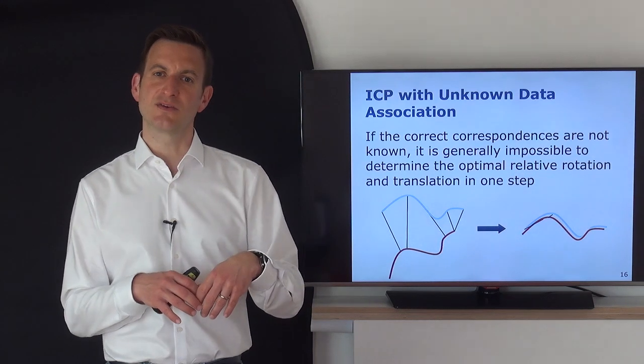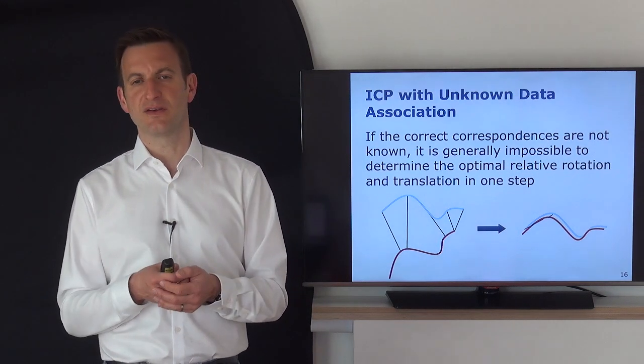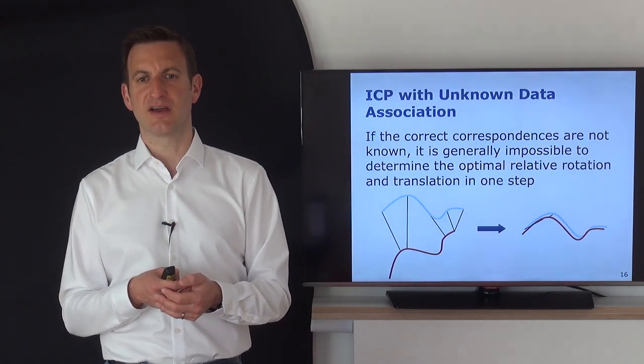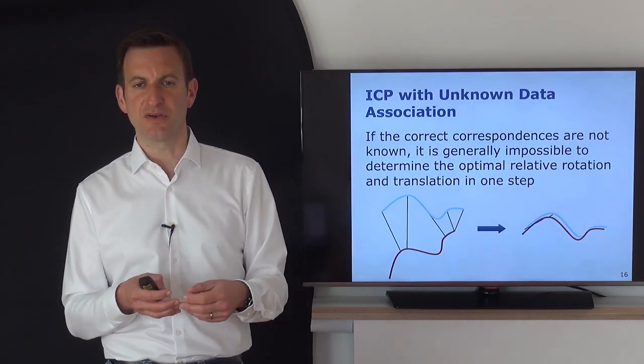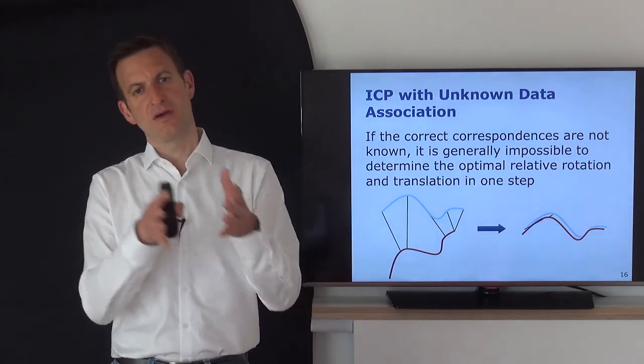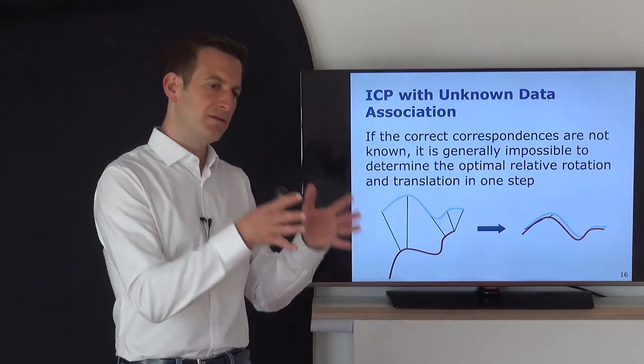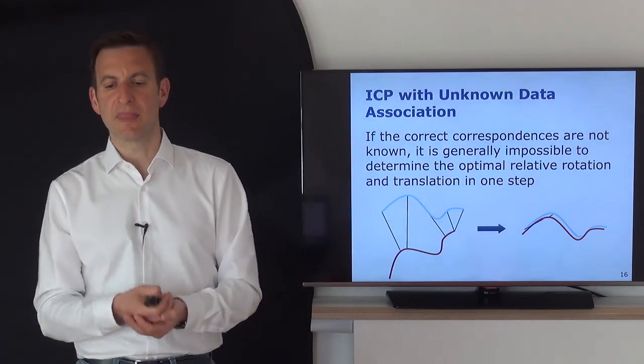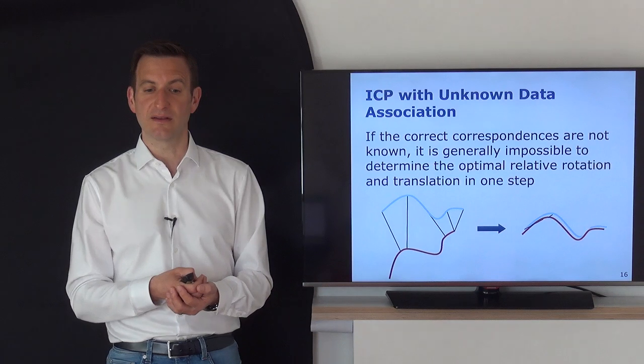And then I can search for new data associations, new correspondences, given this hopefully slightly better initial guess that I have. And I can basically repeat this process of finding data associations, performing the alignment, finding data associations, performing the alignment, forth and back, until I'm hopefully minimizing to the right solution.